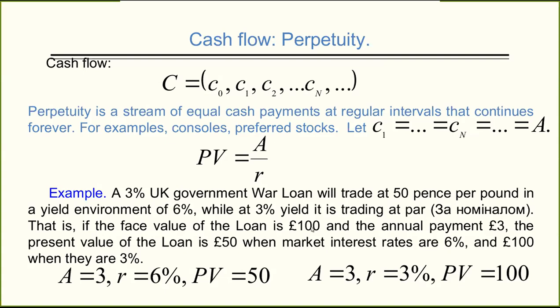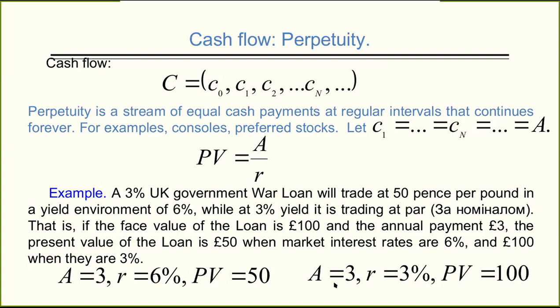That is, if the face value of the loan is 100, as in this example, and the annual payment is 3, the present value of the loan is 50 when the market interest rate is 6% and 100 if 3%.